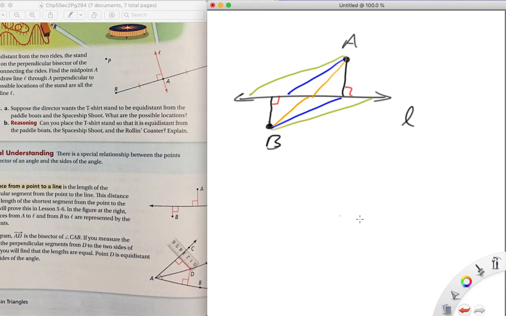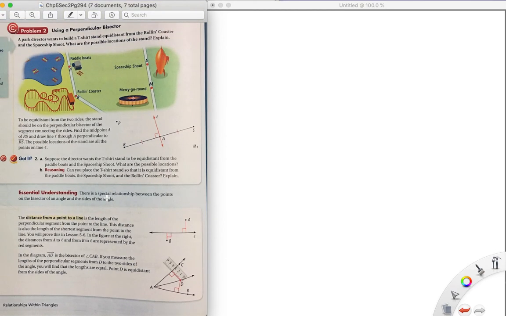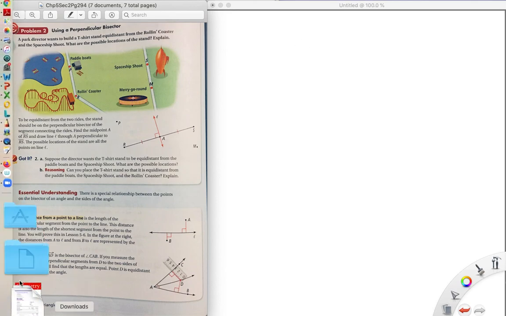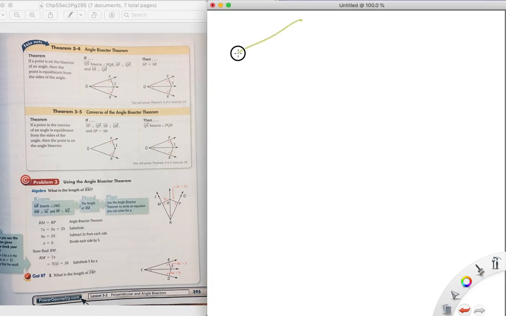All right, and knowing that information helps us with our next two theorems, the angle bisector theorem. Before we get to the angle bisector theorem, let's talk about what an angle bisector is. So we have an angle, any angle.